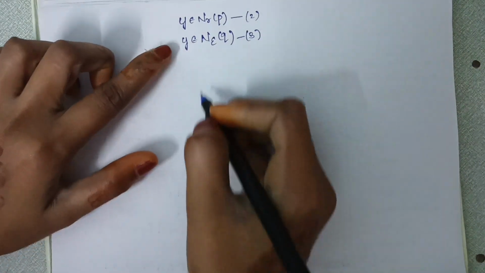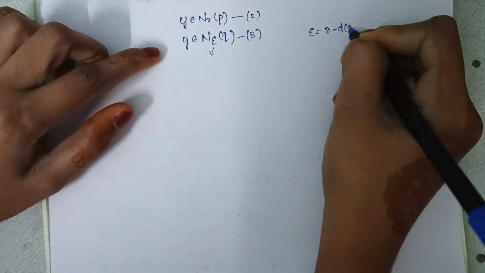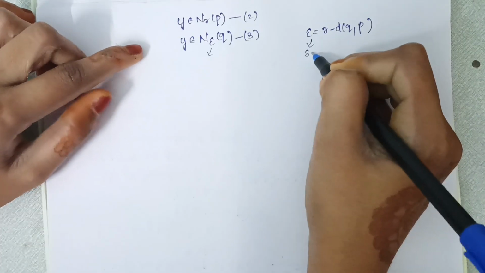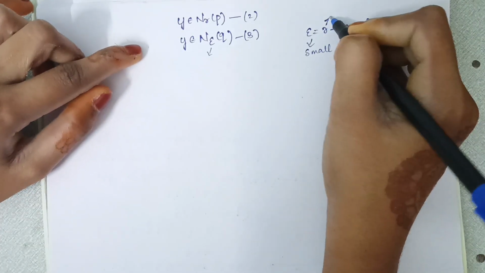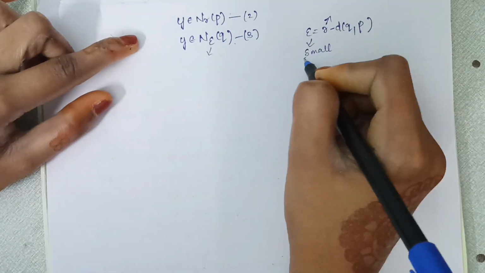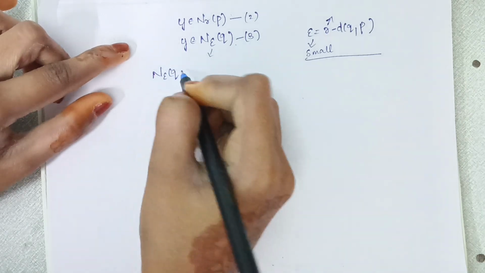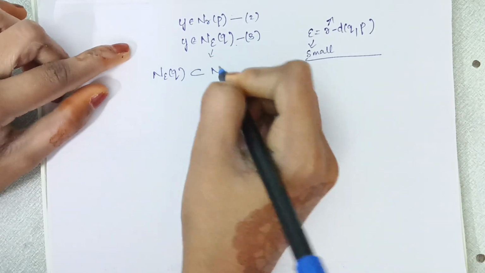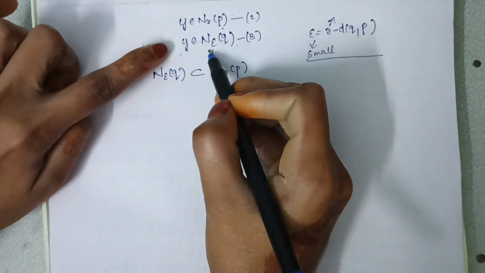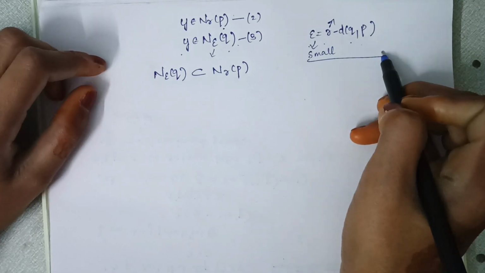So from this, here the epsilon is r minus d of q comma p, which is nothing but this epsilon is a smaller value than this radius r. So from both of these equations, I can write N epsilon of Q is a subset of NR of P, as y belongs to NR of P and y belongs to N epsilon of Q, and epsilon is equal to r minus d of q comma p.